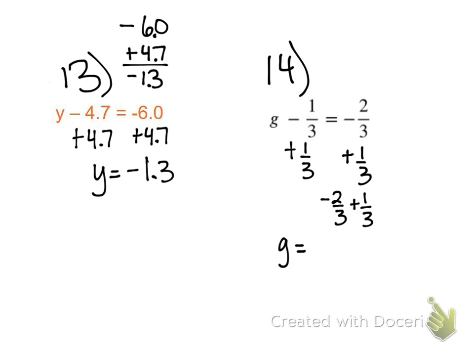Liam? Negative 1/3. Okay, when we add or subtract fractions, we need a common denominator, which we already have. So we add the numerators. Negative 2 plus 1 is negative 1. We keep the same denominator.